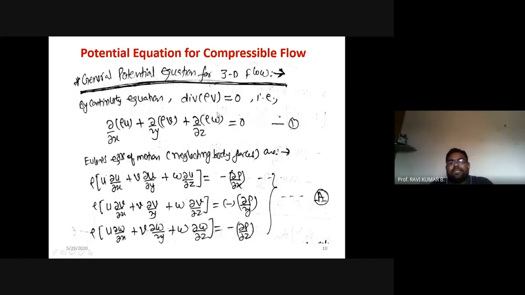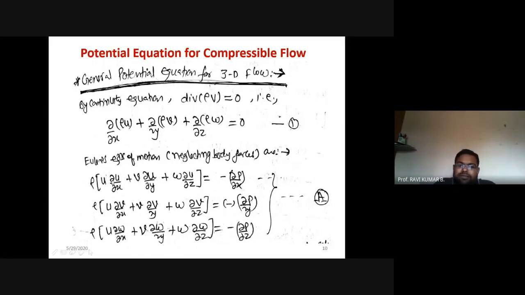Now I will apply the momentum equation. From Euler's equation of motion, I can write these three equations in three different directions. So this is the first equation, that is ρ(u ∂u/∂x + v ∂u/∂y + w ∂u/∂z) is equal to minus ∂p/∂x. That is the one. Secondly, in the direction of y, and then in the direction of z, I can write the same equations.